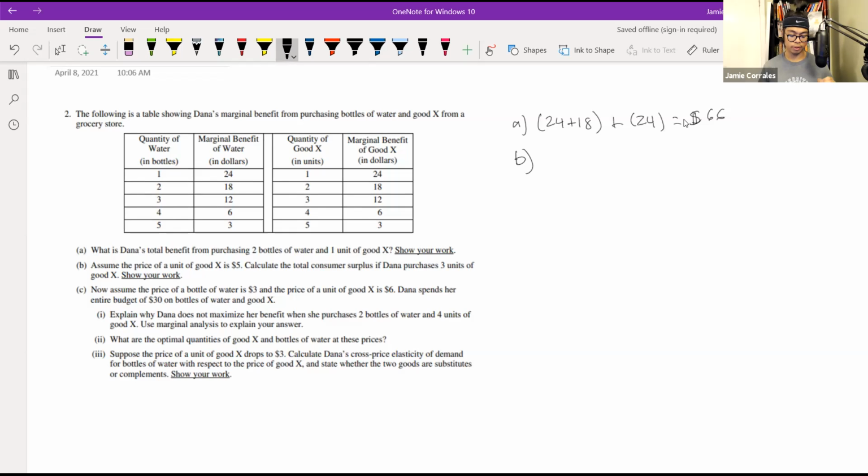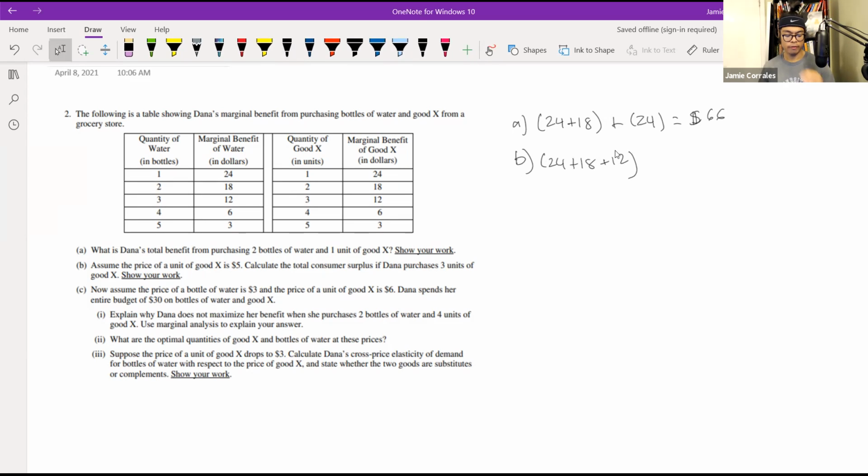Assume the price of good X is $5. Calculate the total surplus of consuming 3 units of X. Well, 3 units of X, you get 24 plus 18 plus 12. Consumer surplus is your willingness to pay minus the price paid, and her willingness to pay is her marginal benefit.